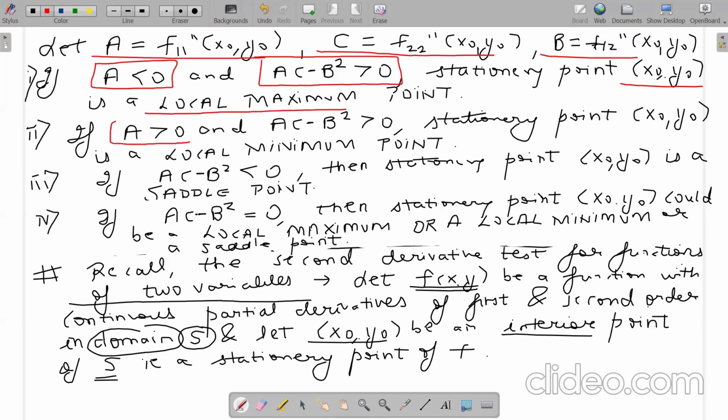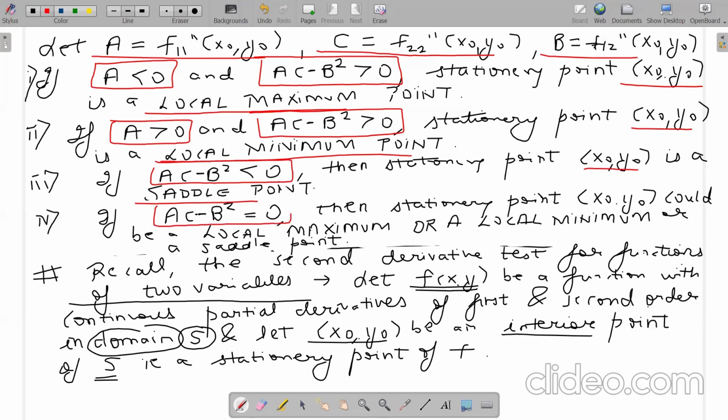If A is positive and AC minus B square is positive, we conclude that the stationary point x0, y0 is a local minimum point. If AC minus B square is negative, we conclude that the stationary point x0, y0 is a saddle point. And if my AC minus B square is exactly equal to 0, we cannot form any conclusion in that case. So we can say that it could either be a local max or a local min or a saddle point.